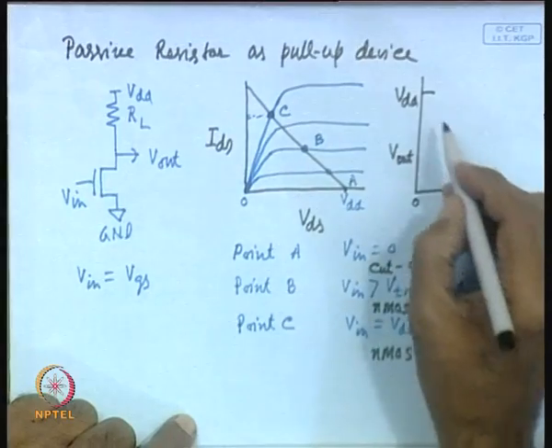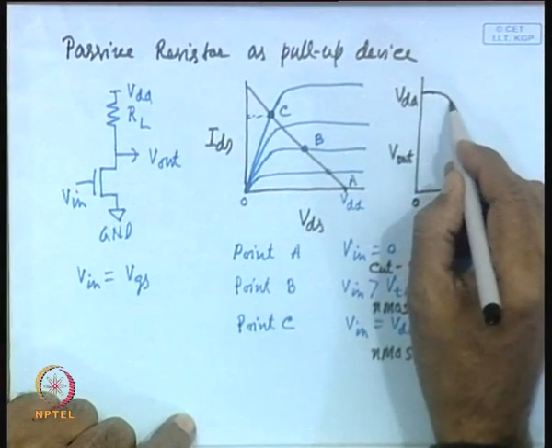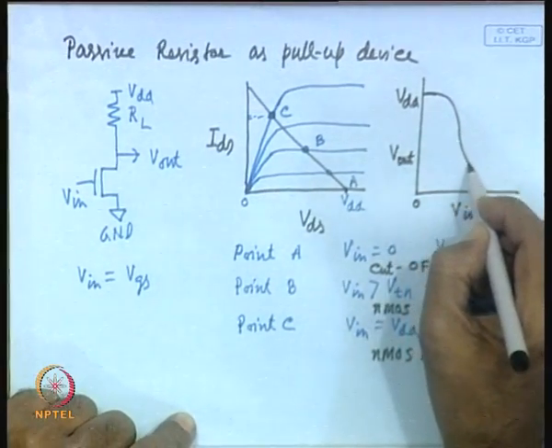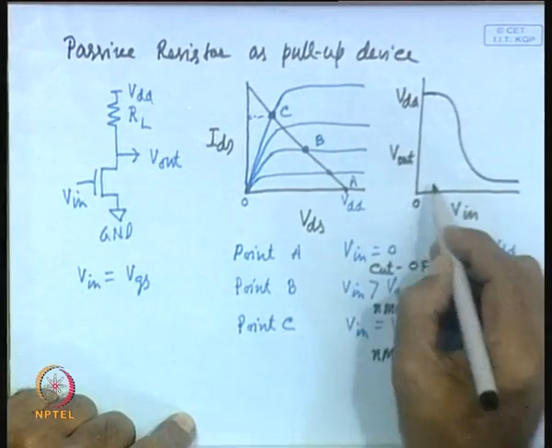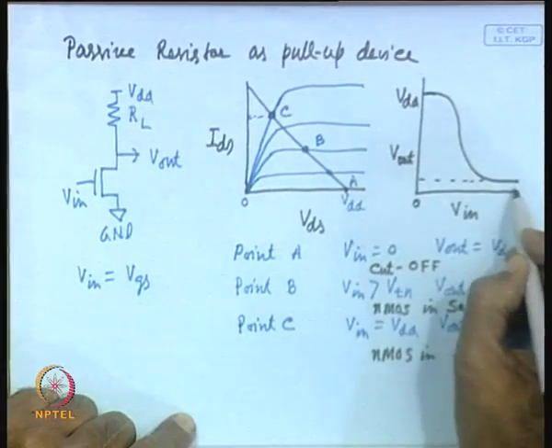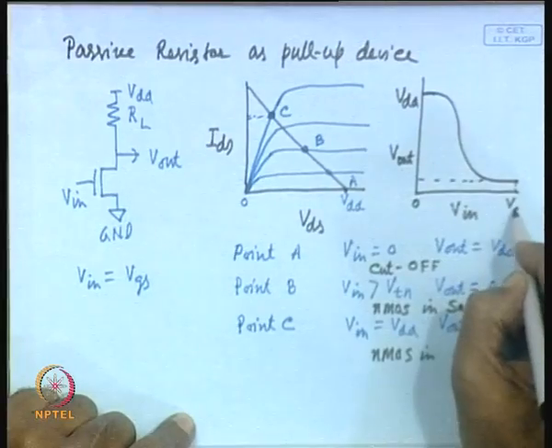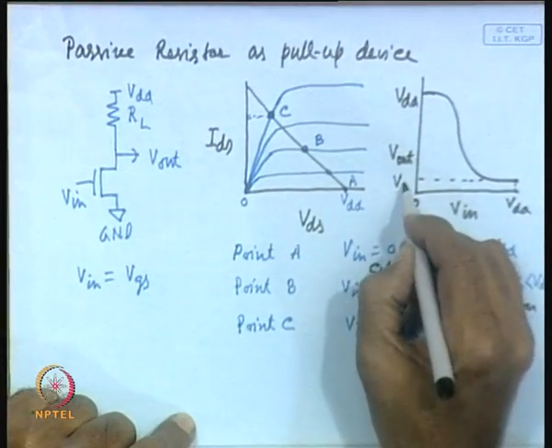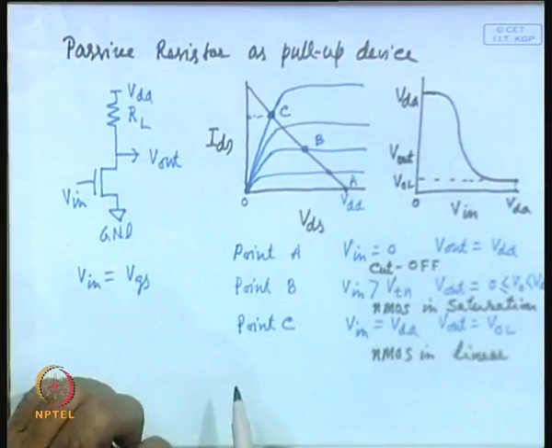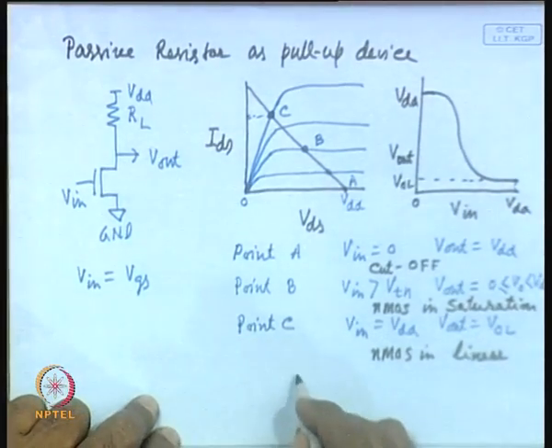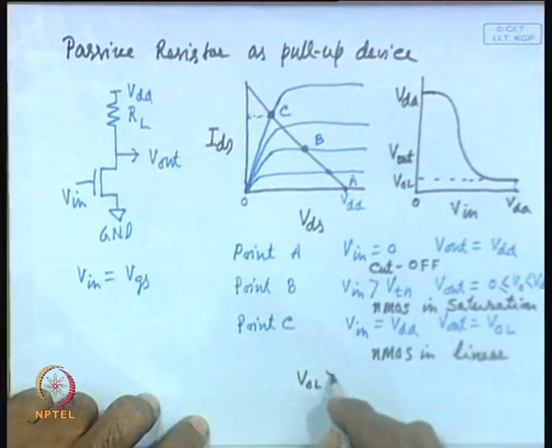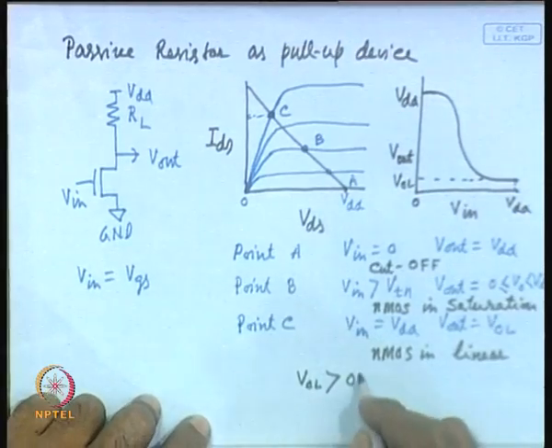Then as the input is increased, it switches, but you can see that whenever the input is VDD, the output voltage is VOL, which is no longer 0. That means VOL is greater than 0 volt.